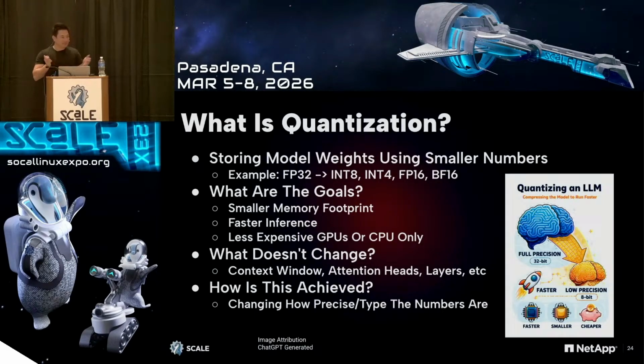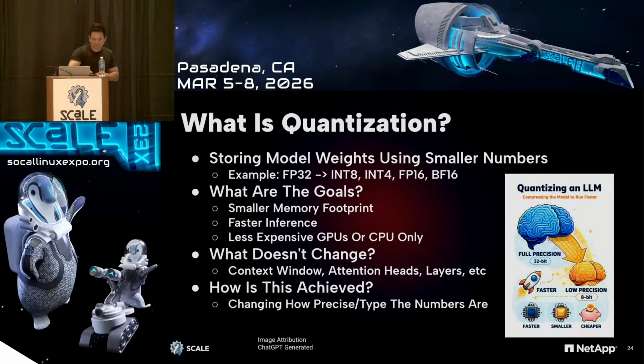Some CPUs aren't really good at floating point, so you convert the math to int 8, and every CPU on the planet knows how to do integer arithmetic. That's the reason why you change from floating point to int 8. Now you can run that particular model on commodity CPU hardware, and you don't require as much memory to load. That's the whole purpose of quantization in a nutshell.